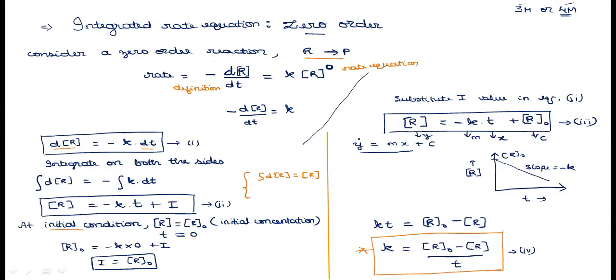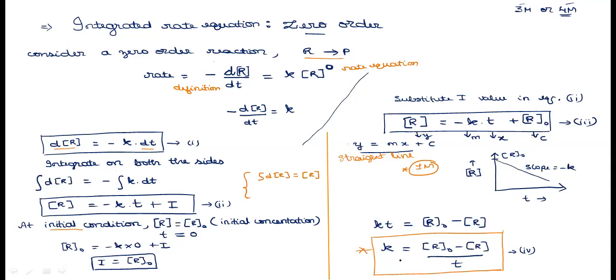If we compare, this equation is in the straight line equation form. There it is required to relate the y coordinate, x coordinate and slope. All these will be 1-mark important questions. They may ask what the intercept of the line is, what the y coordinate is, and what the x coordinate is with respect to the zero order rate equation.